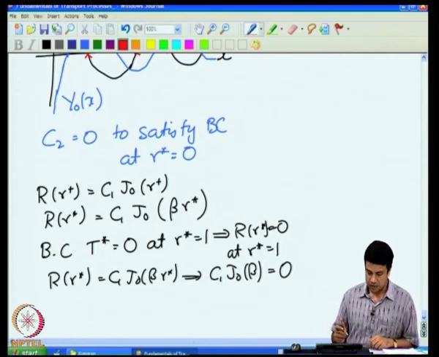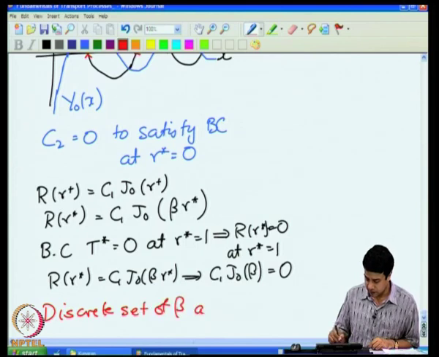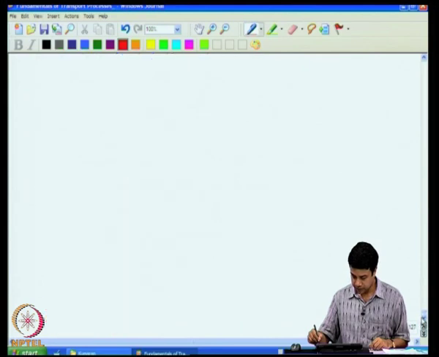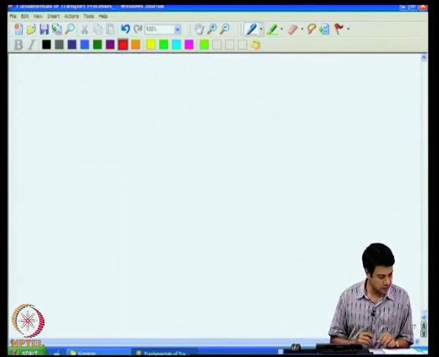Okay. So, therefore, the solution beta has to be such that there is a discrete set of beta at which J naught of beta is equal to 0. The numerical values of the first few such discrete solutions can easily be obtained from standard books.